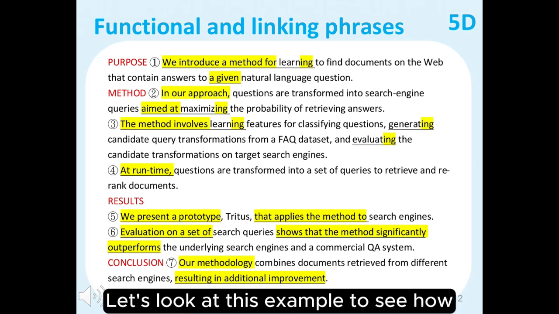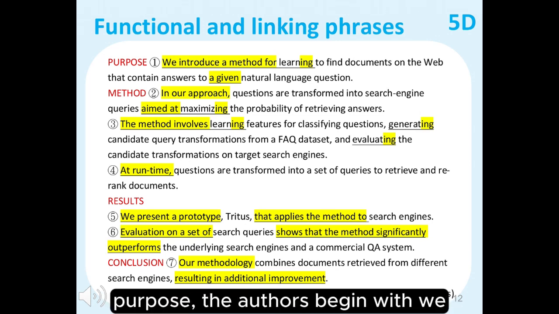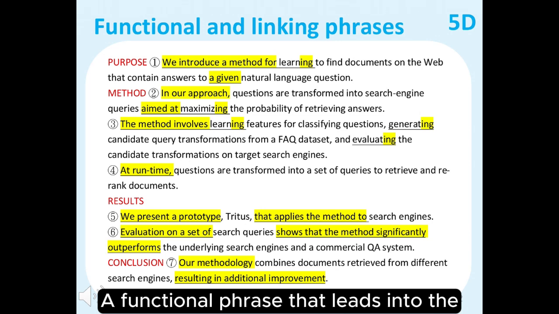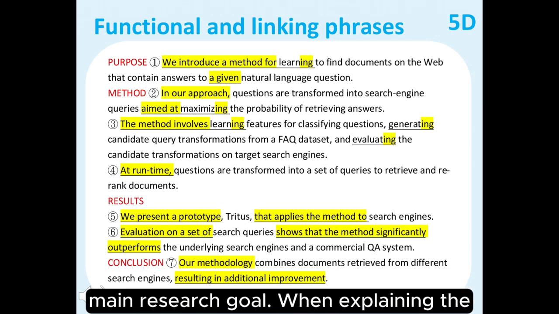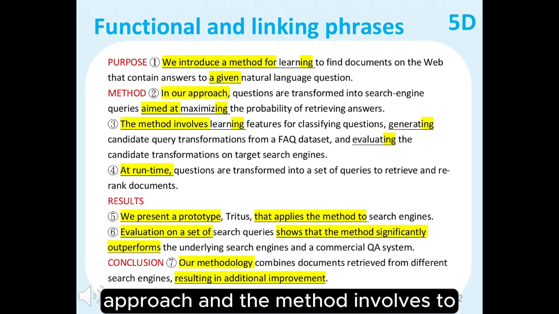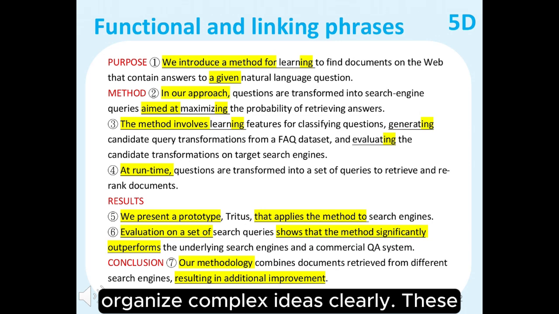Let's look at this example to see how they work together. To introduce the purpose, the authors begin with, "We introduce a method," a functional phrase that leads into the main research goal. When explaining the method, they use phrases like, "In our approach," and "The method involves," to organize complex ideas clearly.